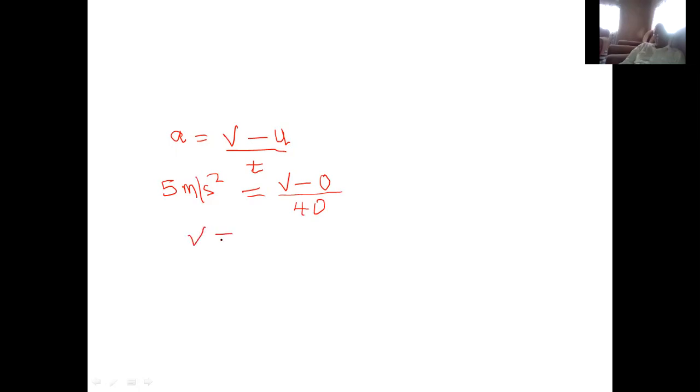So V will be equal to 5 meters per square seconds multiplied by 40 seconds. 1 second here cancels that second, which gives us 200 meters per second as our final velocity.